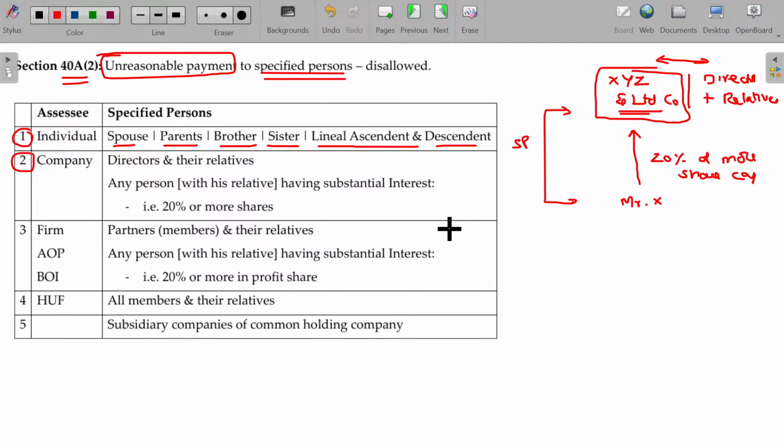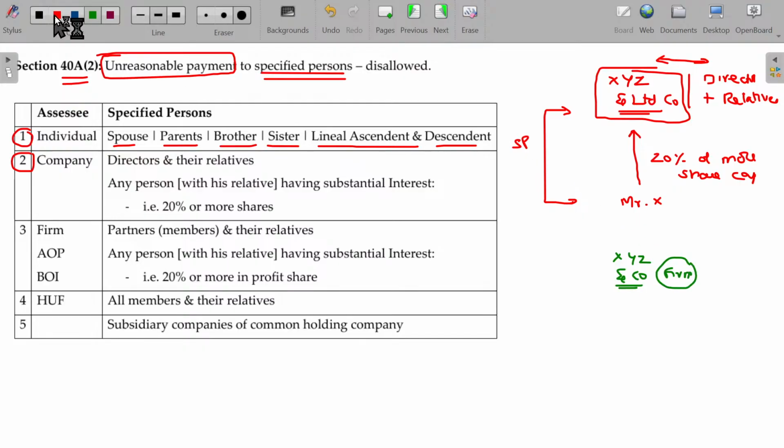And of course, if any payment made to Mr. X seems to be unreasonable, it is disqualified to be debited in the P&L account. In case of an individual, relatives means spouse, brothers, sisters, and lineal ascendant and descendant will be taken. Instead of XYZ limited company, if it is XYZ and Co, a partnership firm.